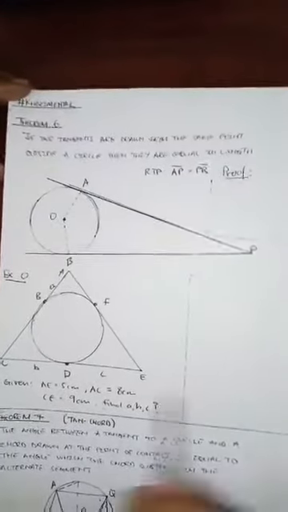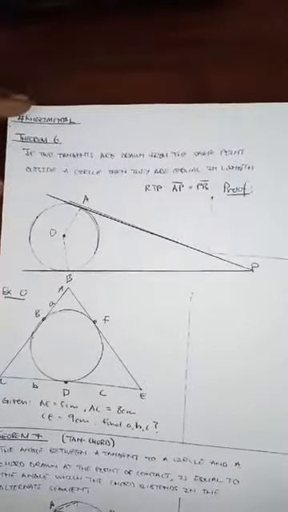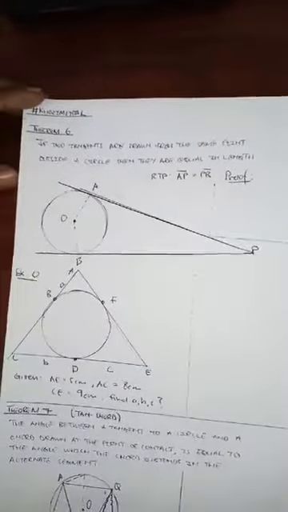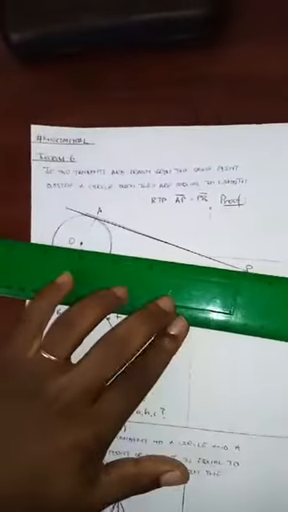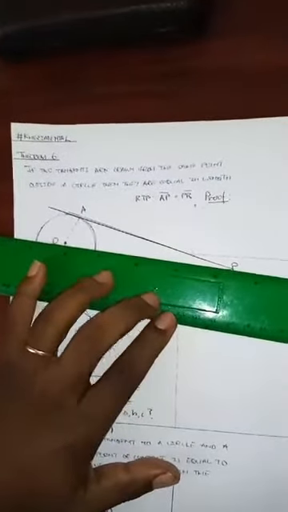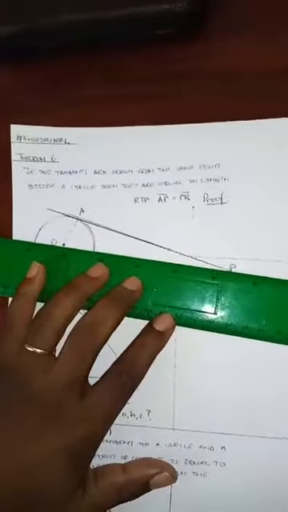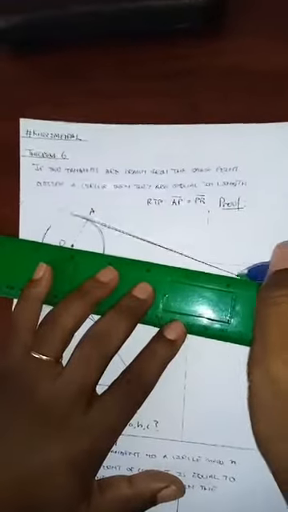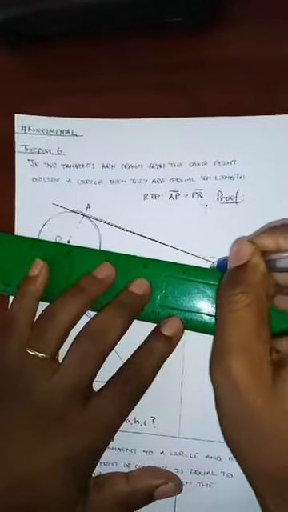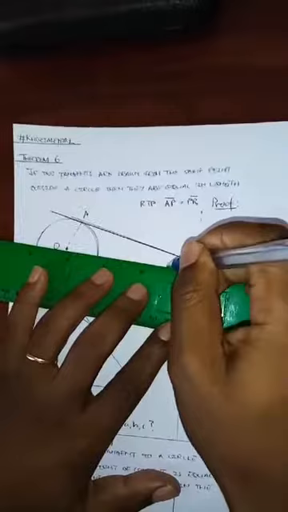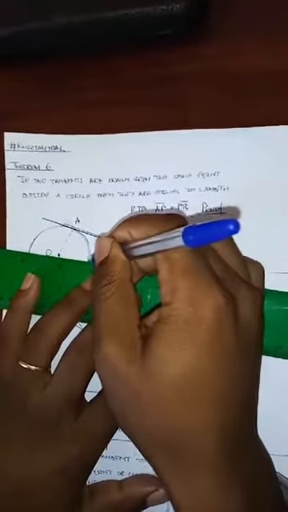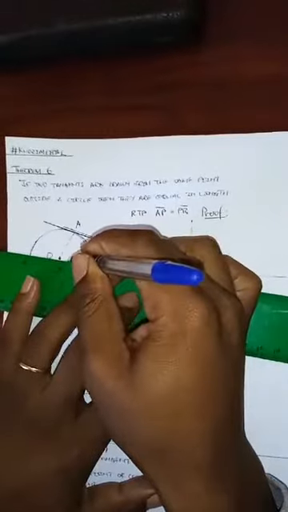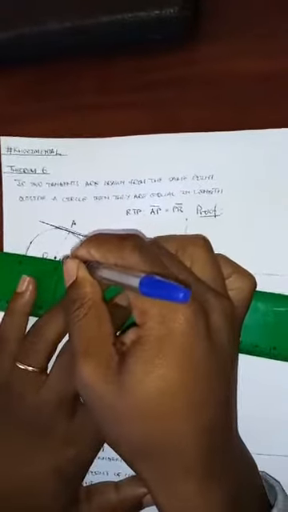So what can we do, or what do we see here? The first thing we can do is construct a line OP. The reason I'm constructing this line OP is because then I will have two triangles. Mathematics is also about observation.